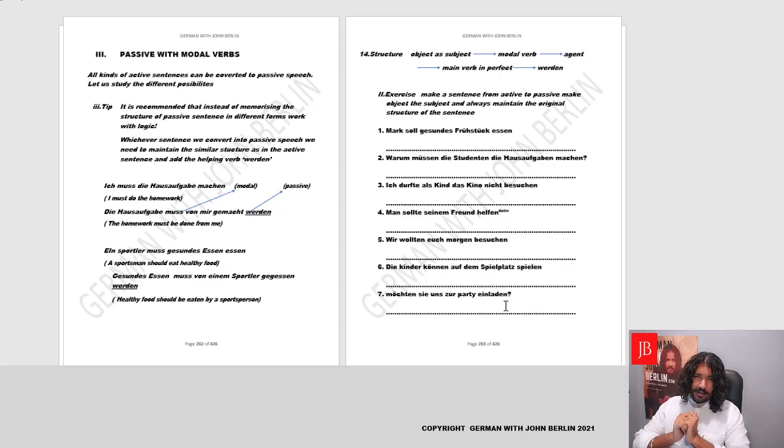So that was one rule. There is a little rule as well, let's recollect that too. Man wartet auf den neuen Film. One waits for the new movie. Man wartet auf den neuen Film. Now, if you change this into passive, basically you write it like this: Auf den neuen Film wird gewartet. Yes.